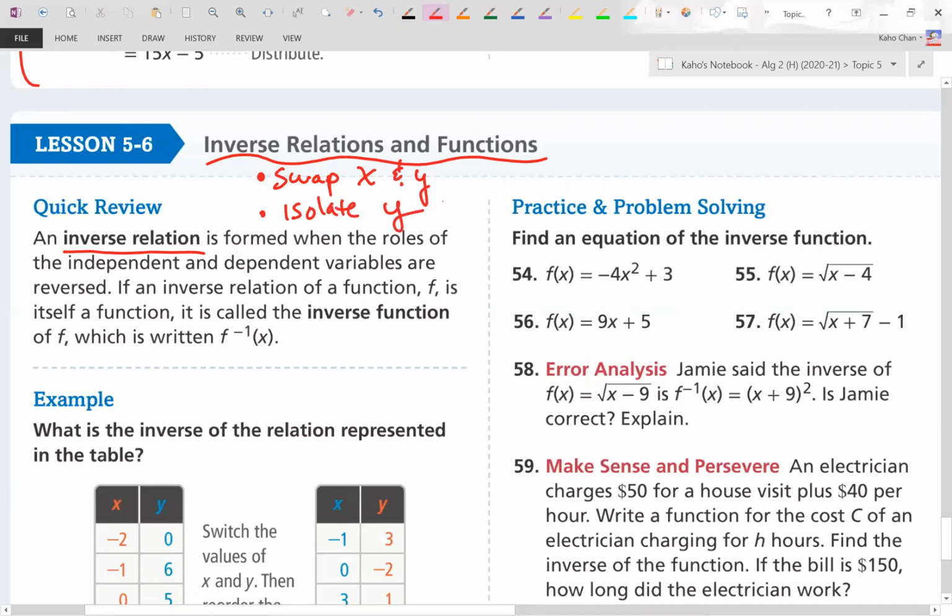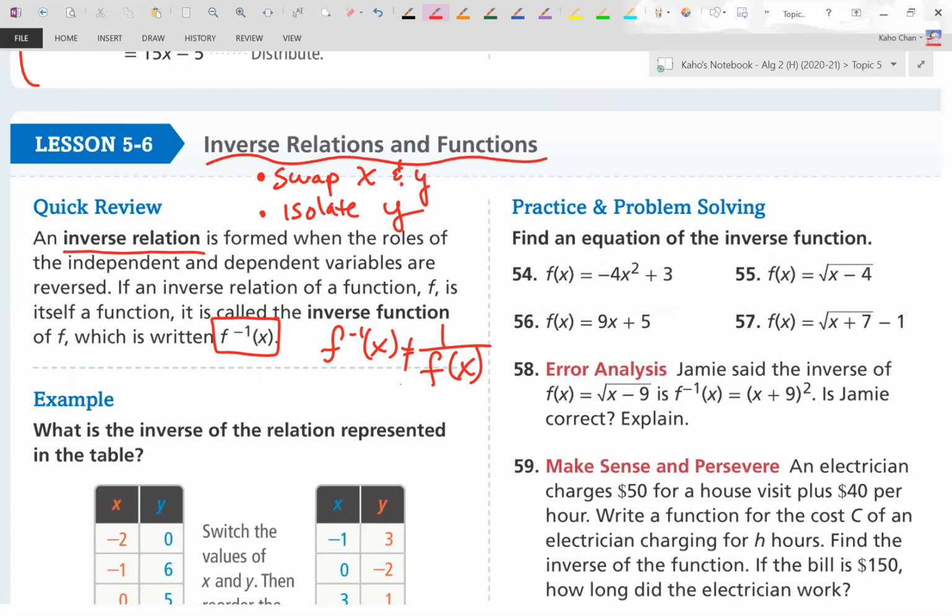When you come up with the inverse function, the notation is f to the negative 1 of x. Now be careful. f to the negative 1 of x doesn't mean to reciprocate it, okay? That is not equal to that. Please note that, okay? Any questions? Just note that.